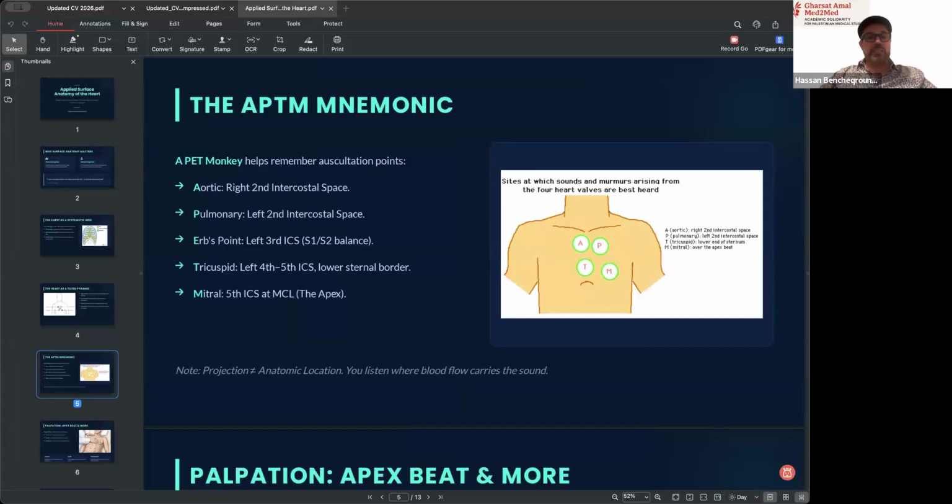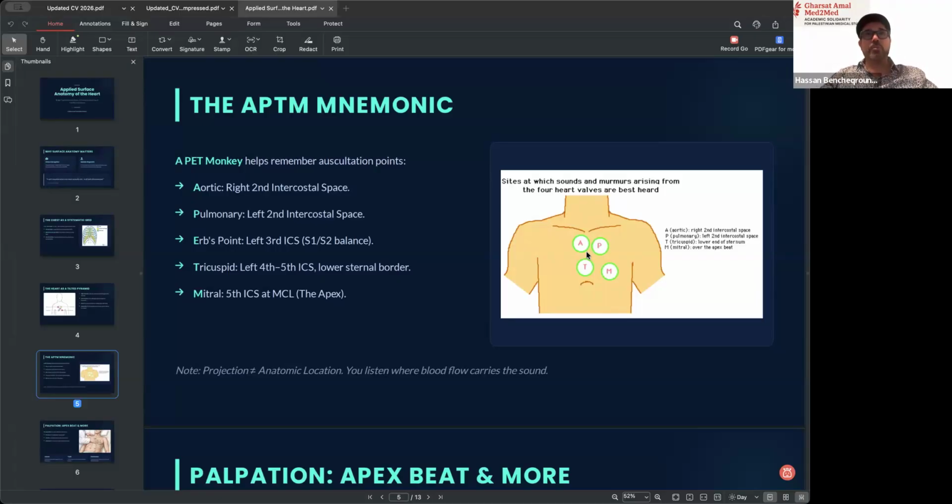What is an APTM? That is where you're going to put your auscultation points. The A is aortic. The aortic valve can be seen in the right second intercostal space, which means it's going to be to the right of the sternum, proximal to the sternum, at the right second intercostal space.